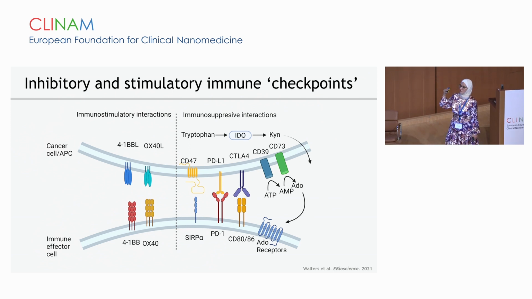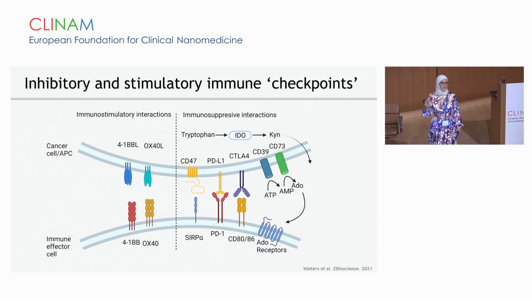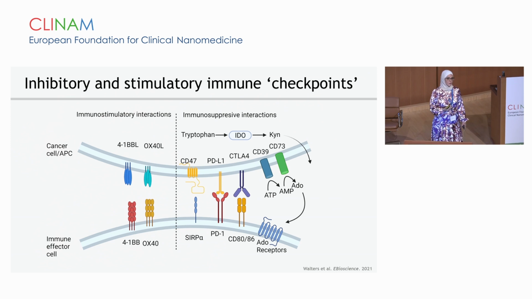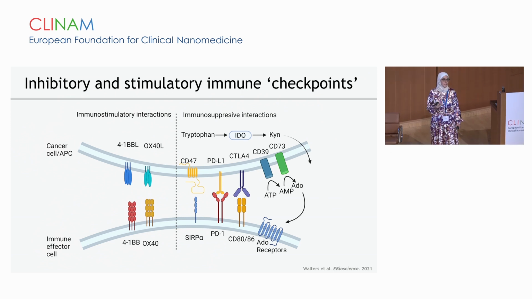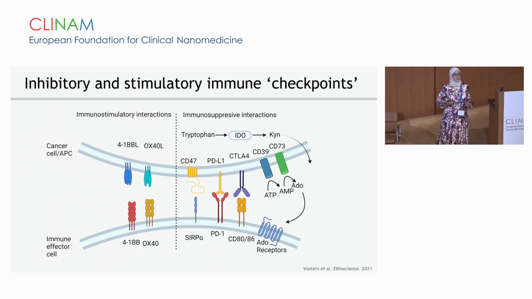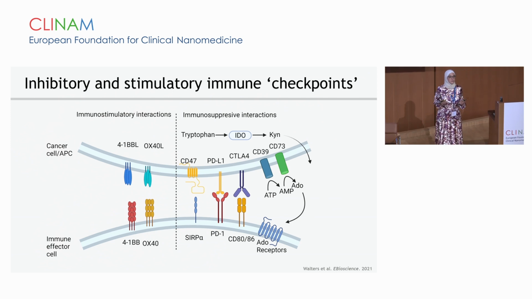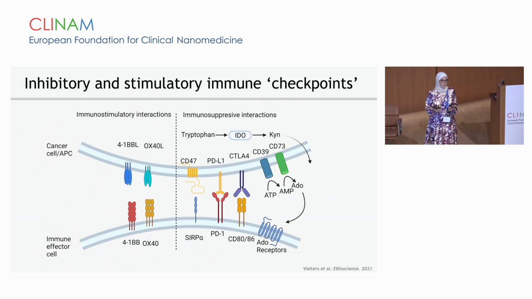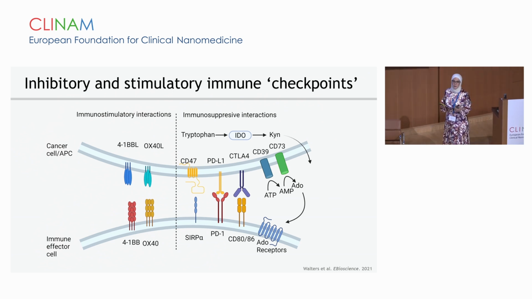This type of interactions can lead to either activation or suppression of the immune system, so that the cancer cell can hide very well from our immune system. We're interested in modulating this immune check blockade process, so we can either boost the expression of the stimulatory one or silence or knock out the bad ones, the negative immune checkpoints.